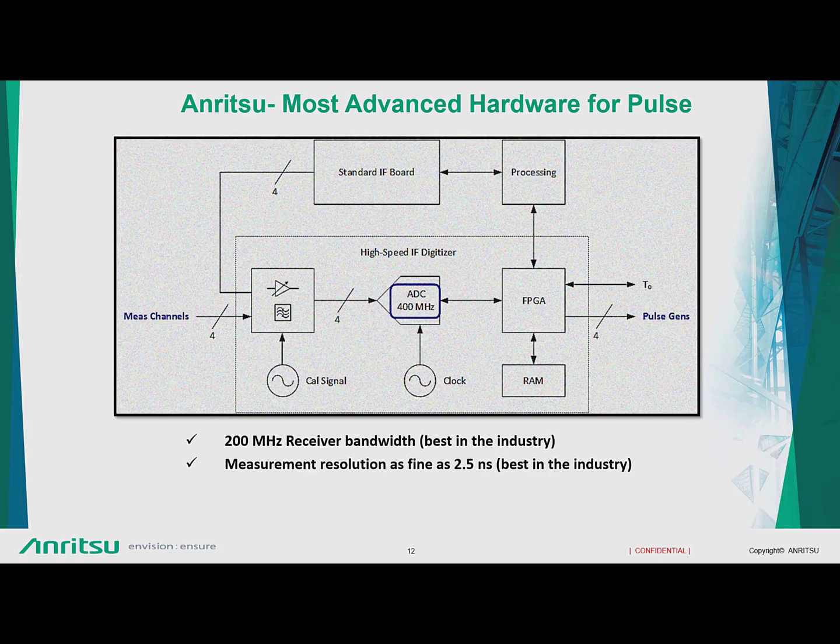Up till now in the industry, there are some methods by which you can reach, say, 12.5 nanoseconds, but I'll show you the difference between a 15 nanosecond and a 2.5 nanosecond resolution window. We also have independent measurement IF receiver windows, and this also becomes very important.